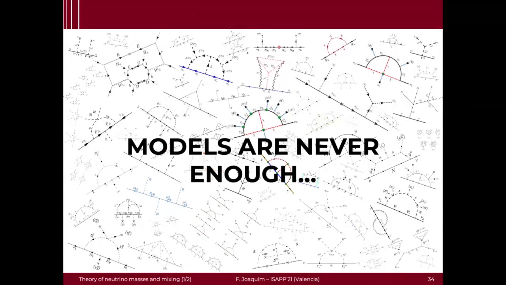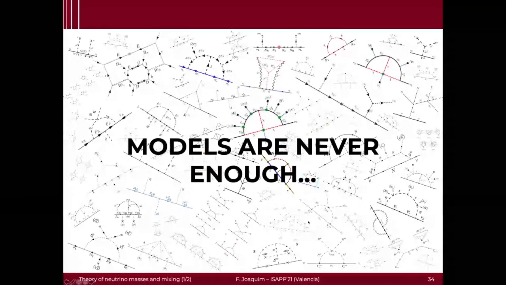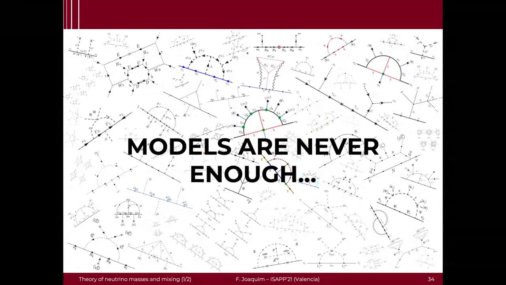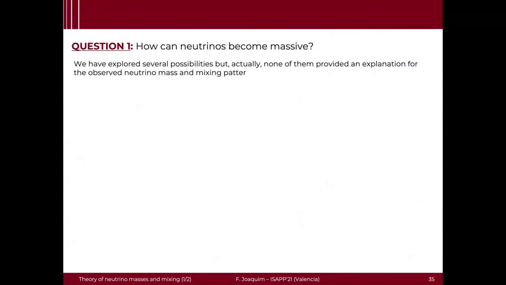There are cocktail diagrams, penguin diagrams, whatever diagrams you may think of. But up to now, none of what I told you answers a very important question. The question I asked at the beginning is how can neutrinos become massive and how can you suppress their masses? Okay, so what we have seen is several ways of doing this.